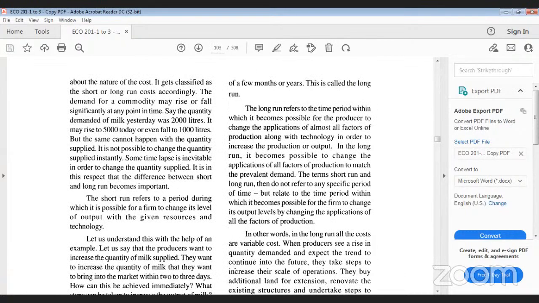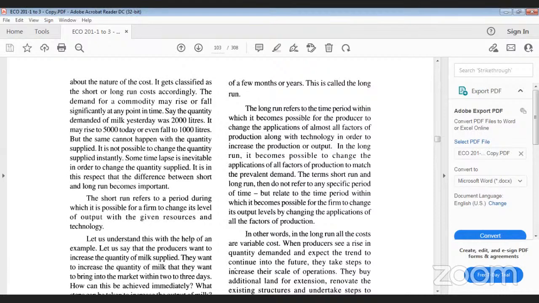Depending on the nature of the cost, it gets classified as a short run or long run cost accordingly. The demand for a commodity may rise or fall significantly at any point in time.